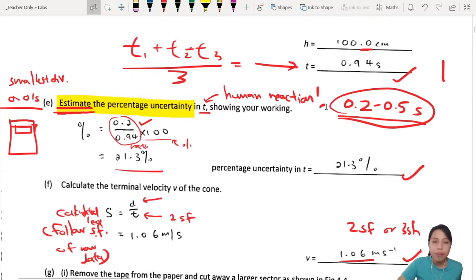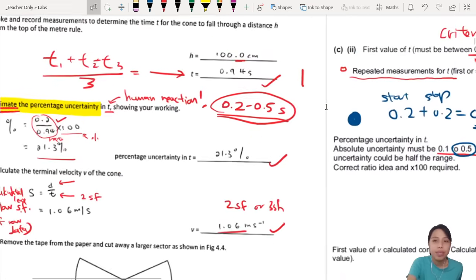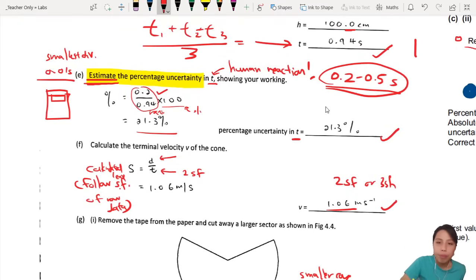Okay, there are a few ways to do this. There's a short way and there's a long way. I will tell you the short way first. Earlier, they will already ask you to estimate a percentage uncertainty for one of your variables, t. You see this one is 21%, right? So you can say your experimental uncertainty is, you just round up, lah, to the nearest 10. So round up, 30%.